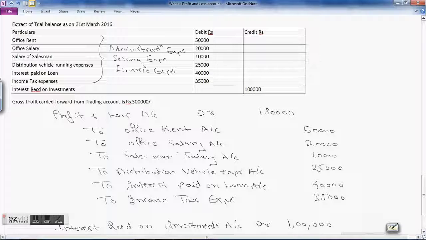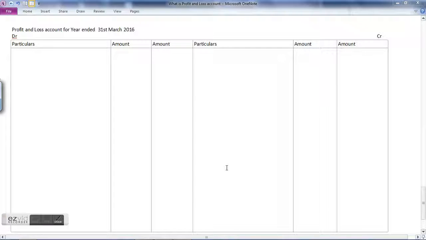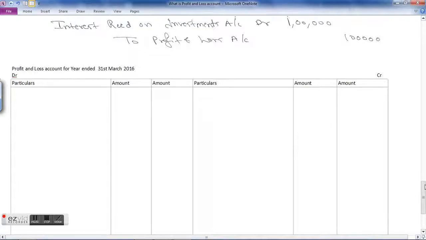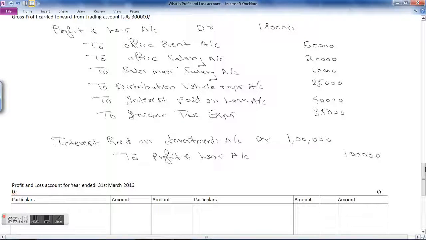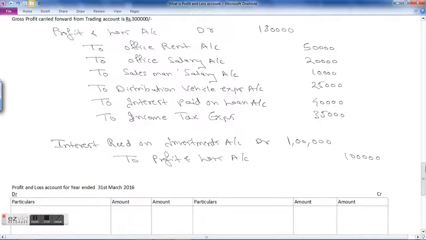Okay, now let's prepare one profit and loss account and find out what is the net profit. We have already been given gross profit carried down from trading account is 3 lakh. So this is a profit and loss account for the year ended 31st March 2016. Now we'll post these entries in the profit and loss account.